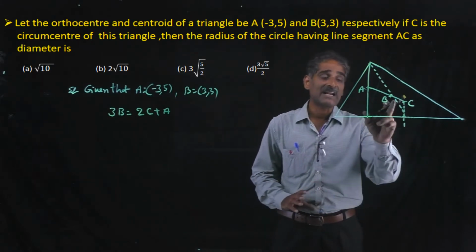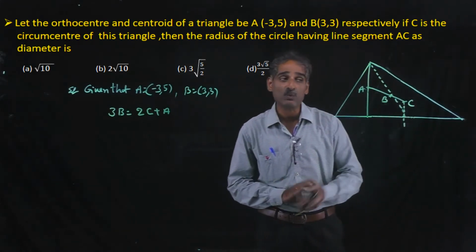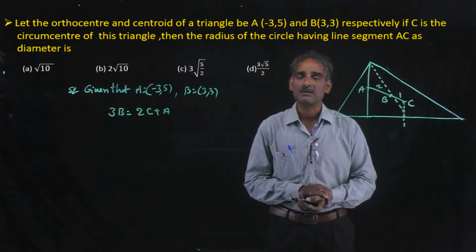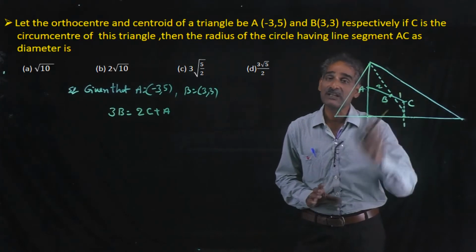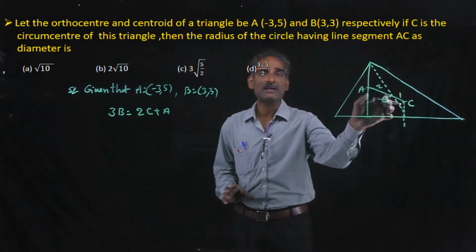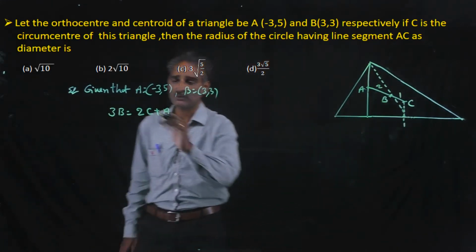Understand? Centroid divides the orthocenter, circumcenter in the ratio 2:1. Understand? Here we have to find out the length of AC. We know the coordinates of AB. If you have AB length, we can find out AC length also. So what is the relation from this?